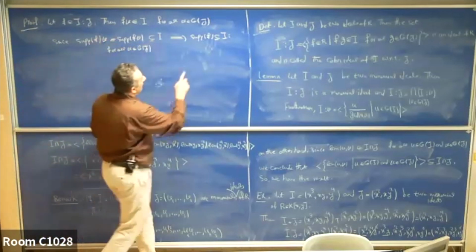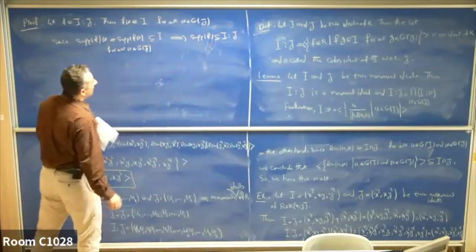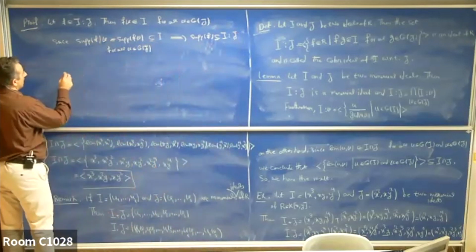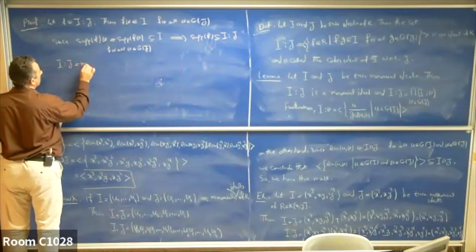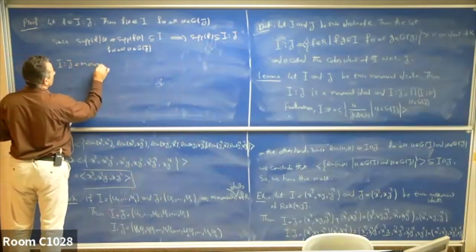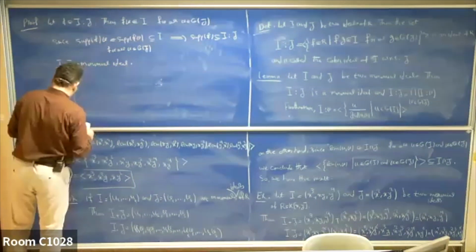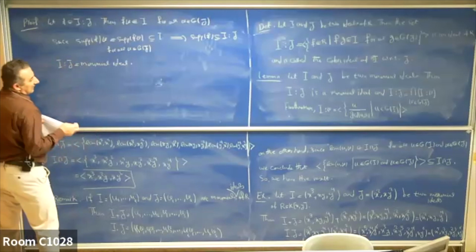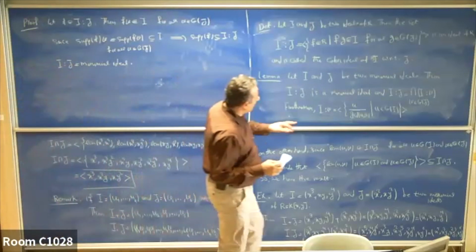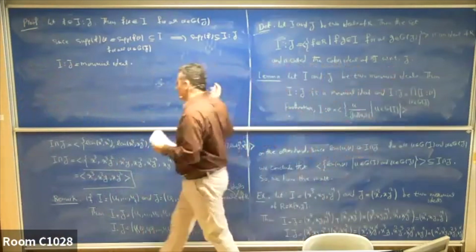So we have support of f contained in this one. And this said that I : J is a monomial ideal. Also, it is clear because J is finitely generated. So this is very clear.